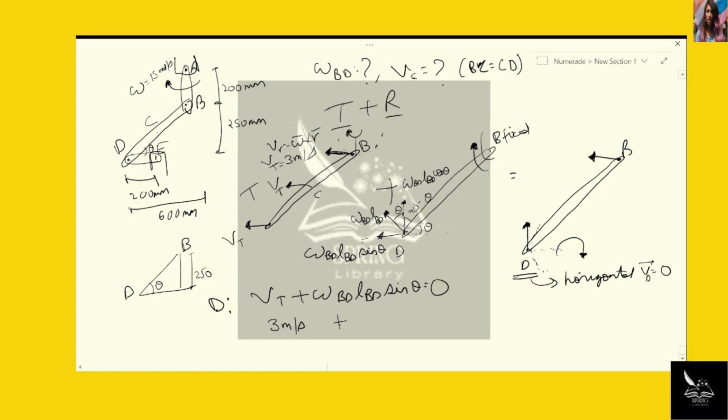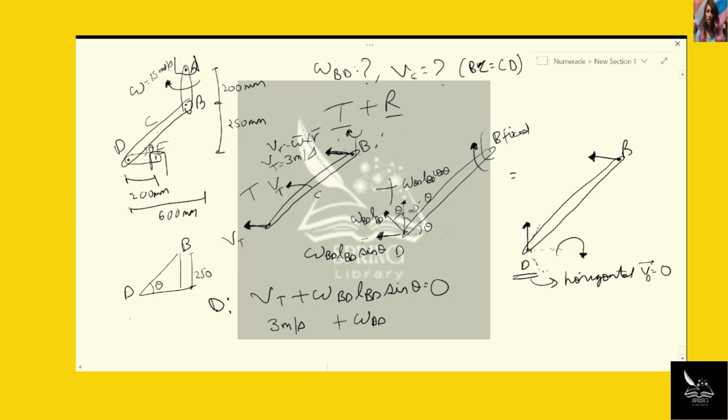So 3 meters per second plus, they are all pointing towards the left, so we can just take the sum of these two numbers. So they are in the same direction, but they should add to give 0. So 3 meters per second plus, that is the net horizontal component, and net horizontal component is 0. So 3 meters per second plus omega BD.